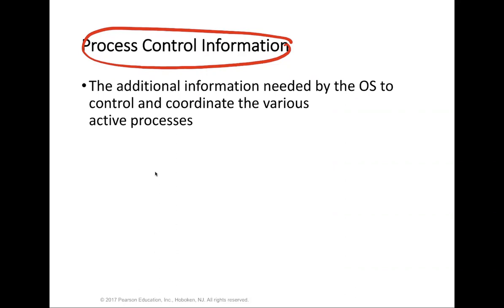So it is operating system based. So this information is different from one operating system to another based on the design of the operating system. They are mandatory just to control and coordinate the various active processes.